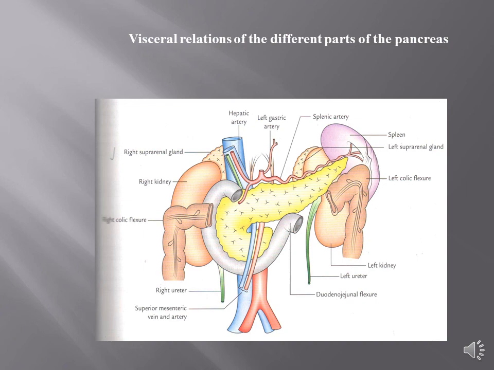The IVC, a big blue colored vessel, is also a posterior relation of the head. Then we can appreciate how the superior mesenteric vein and artery are important relations of the anterior aspect of the uncinate process. And the splenic artery, a tortuous vessel on the left side, goes towards the purple colored spleen.